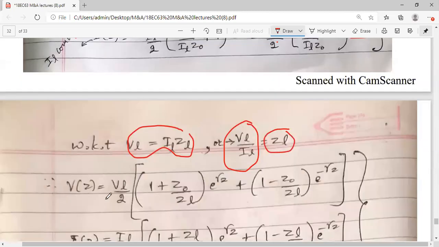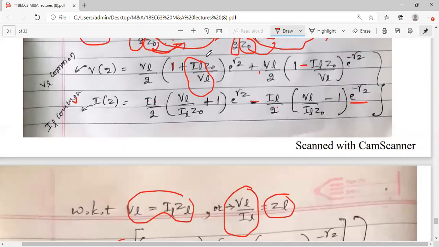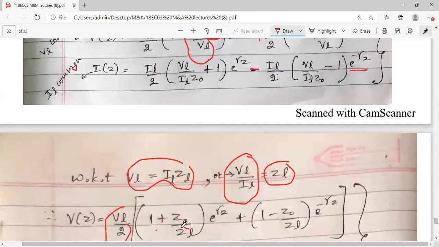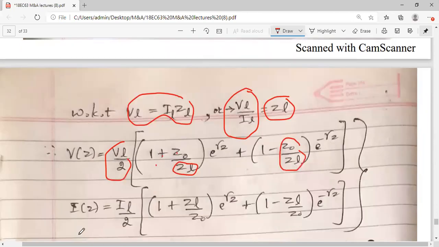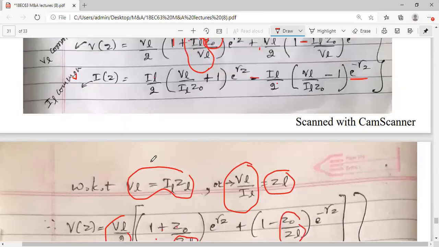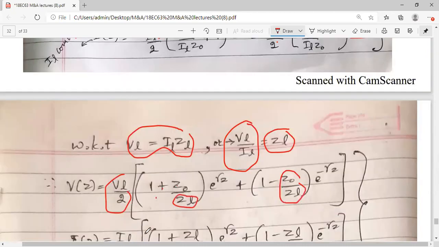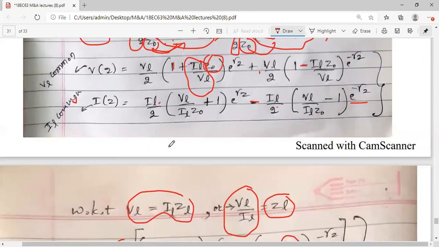So what I have done, VL by 2, 1 plus Z naught as it is. Z naught term as it is. IL by VL I have taken as 1 by ZL in the denominator. Okay. Here also same thing. And even in the second equation, IL by 2, 1 plus V by I.